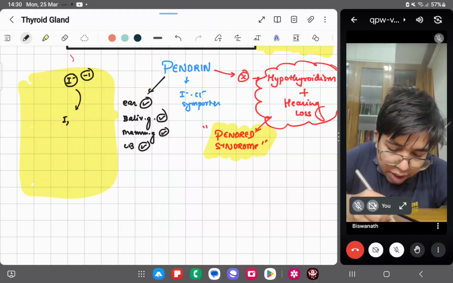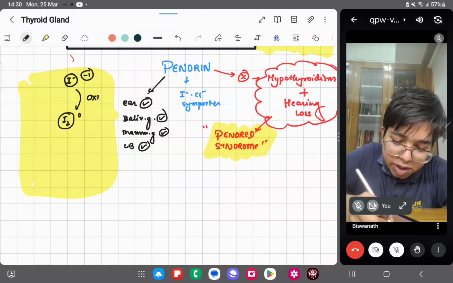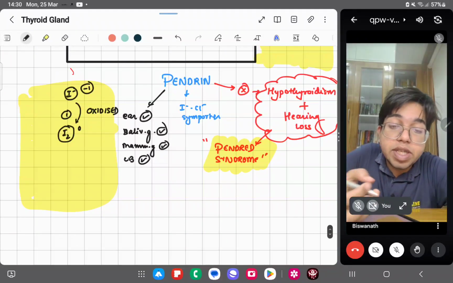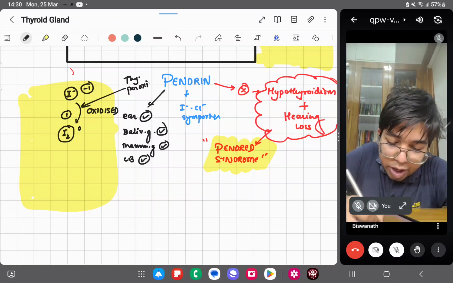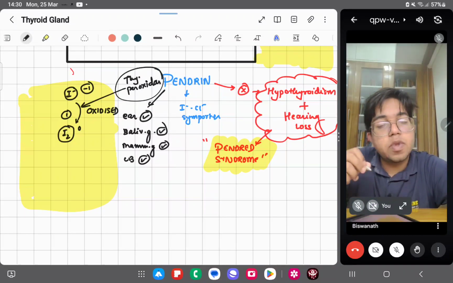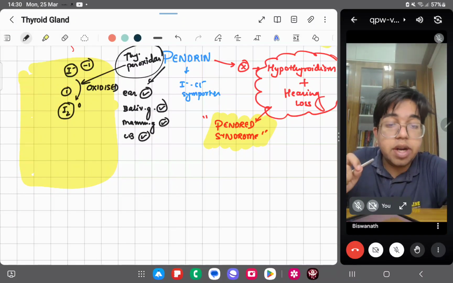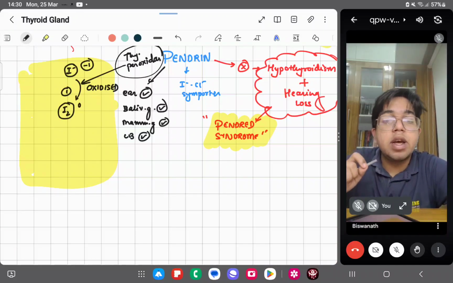It will oxidize to I2, which has 0 oxidation state. So it is basically oxidized first, with the help of which enzyme? Thyroid peroxidase enzyme.